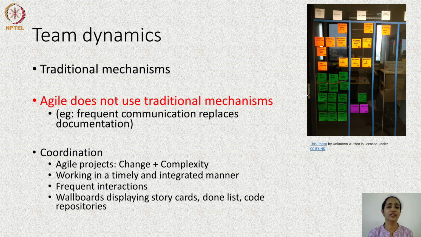For example, one of these mechanisms is the traditional coordination theory. Traditional coordination theory, for example, helps us understand what are critical dependencies for teams and then proposes certain solutions for these dependencies. A team might have a dependency on a resource or a particular person.